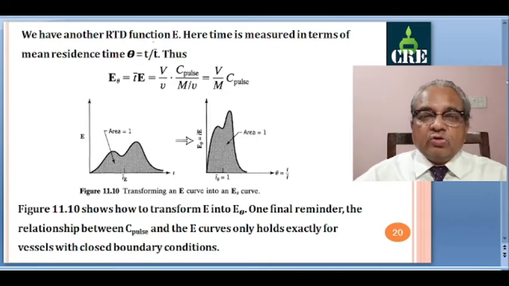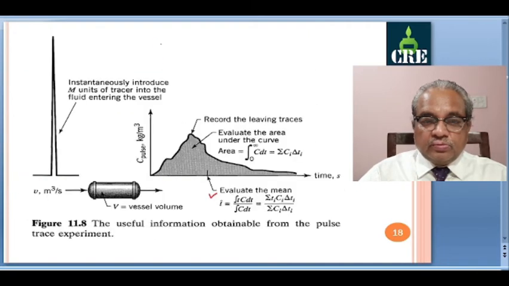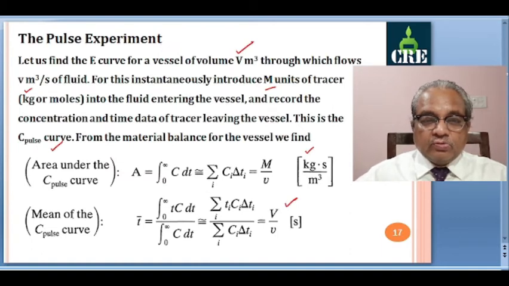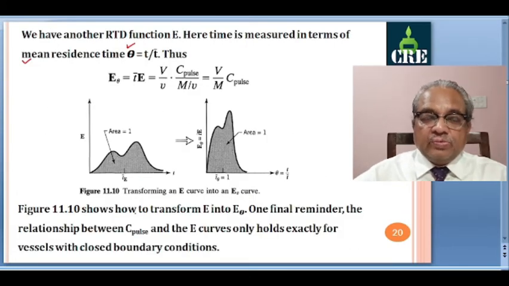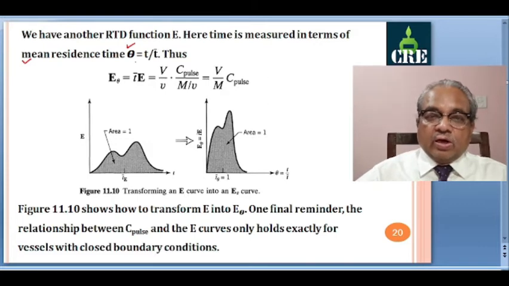We have another definition of the residence time distribution function. Time is measured in terms of mean residence time, theta, which is t by t bar, and this theta is dimensionless. Here t bar is the mean of the C pulse curve, and theta will be t by t bar.